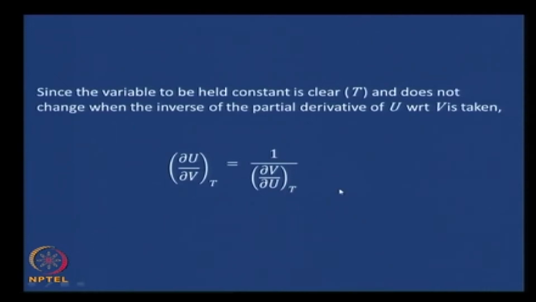Note that this is not always true in calculus. This is true only in the special case when we are very clear that the variable to be held constant remains the same whether we consider this or the inverse dou v dou u at constant t. Not exactly an inverse, it is the variation of the function with respect to a certain variable, that is a way to look at it, which just happens to resemble an inverse.